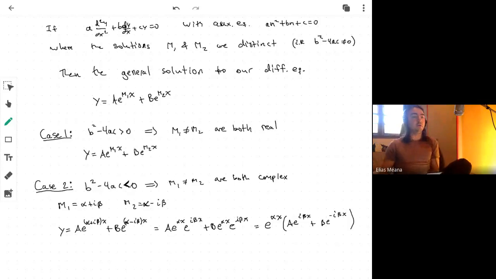And now what we can do is we can use Euler's formula. Euler's formula tells us that there's a relationship between e to the I theta and cosine and sine.